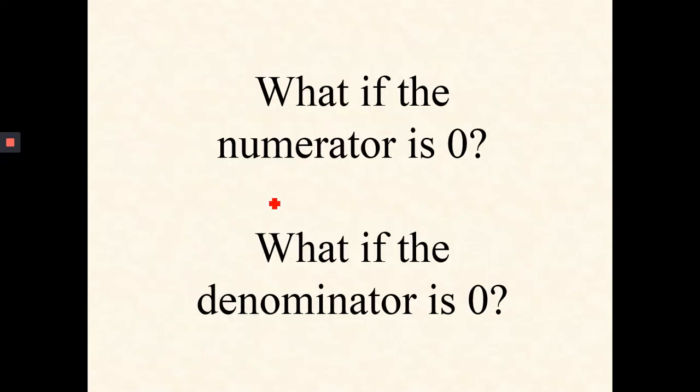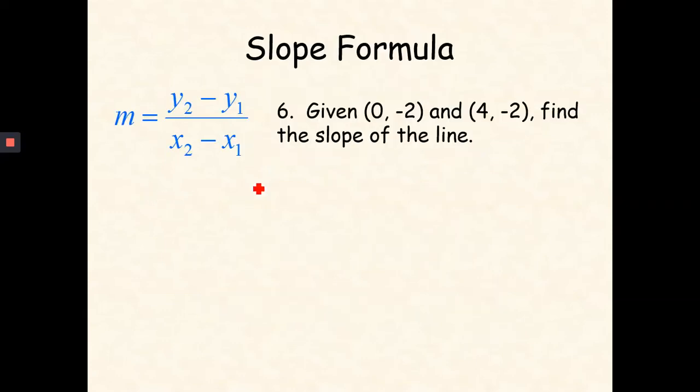The next one. What if the numerator is 0 or the denominator is 0? What will be the outcome? What do you think will be your slope? Okay? Let us have this one. Given 0, negative 2, then 4, negative 2. Find the slope.